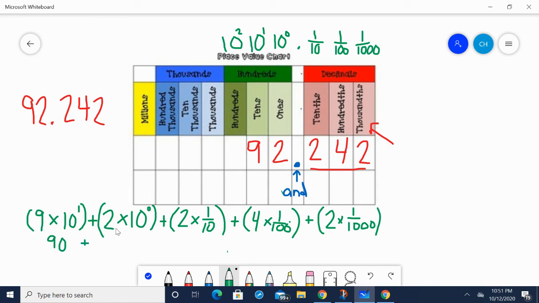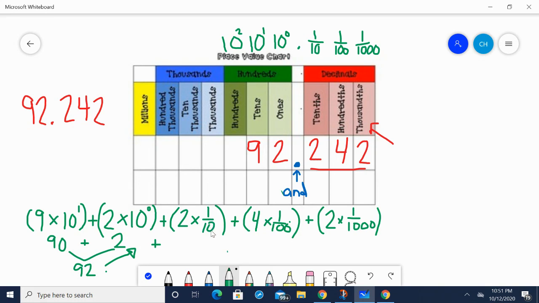Plus 2 times 10 to the 0 power, which is equal to 2. Right there, we can even stop. 90 plus 2 is equal to 92. All right, now we're getting into our fraction part, our decimal side of our place value. And of course, we're going to add that 92 there.